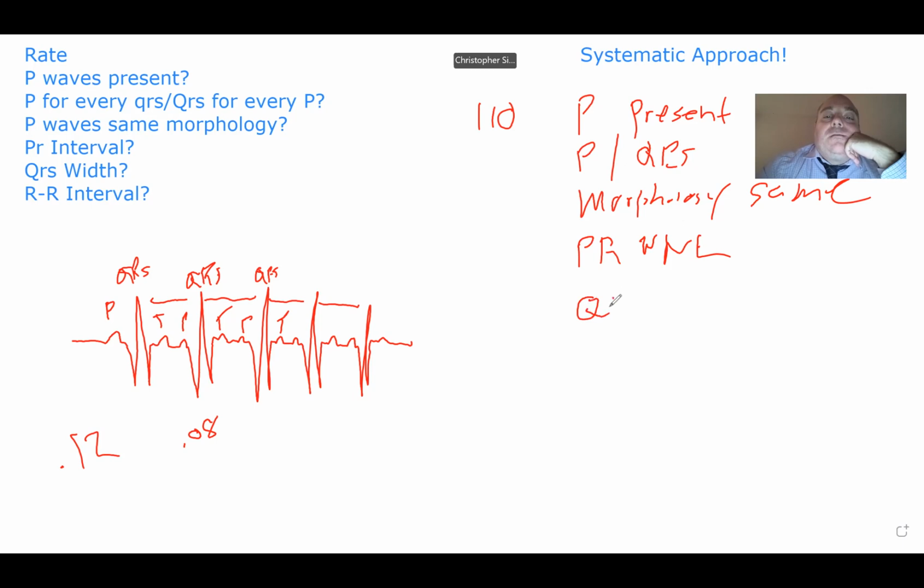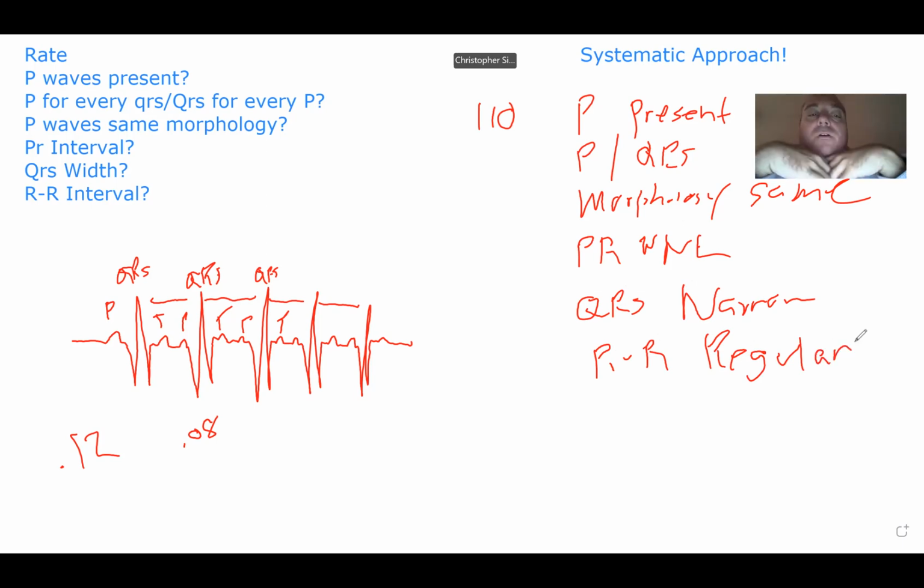QRS is narrow, and R to R is regular. Okay, so that's pretty much what we came up with when we applied our investigative tools to this rhythm.